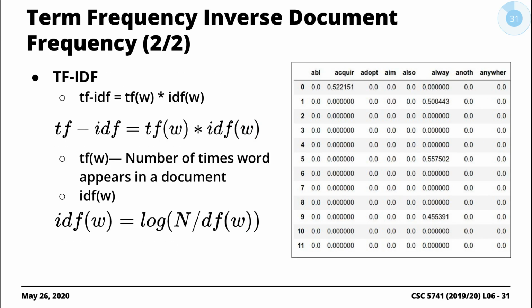Then you compute the inverse document frequency for the word itself. And the formula for the inverse document frequency is you just get the log of the total number of terms divided by the document frequency of the word itself, right? And get the log value.